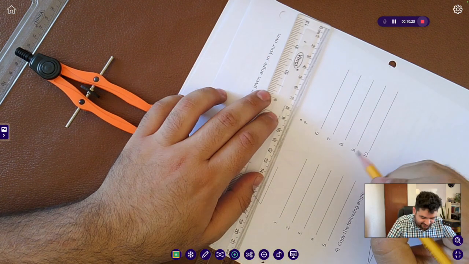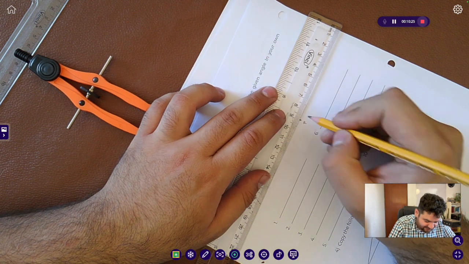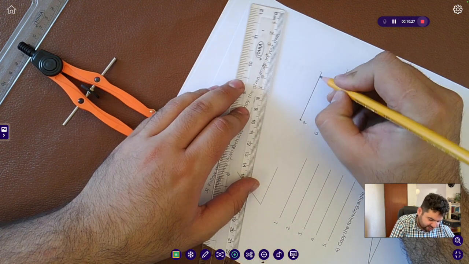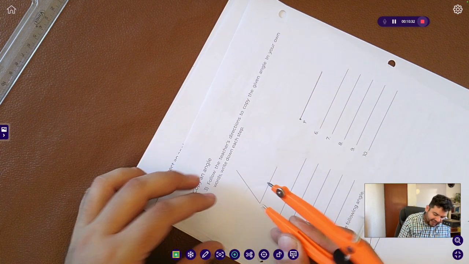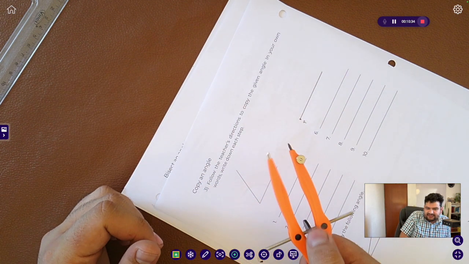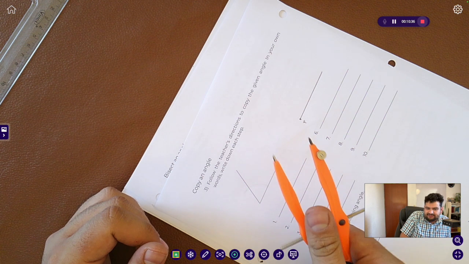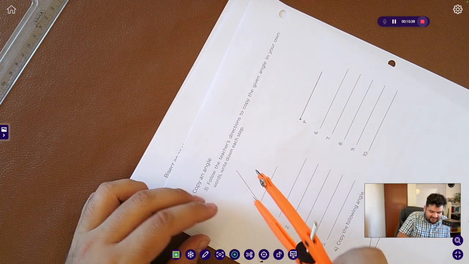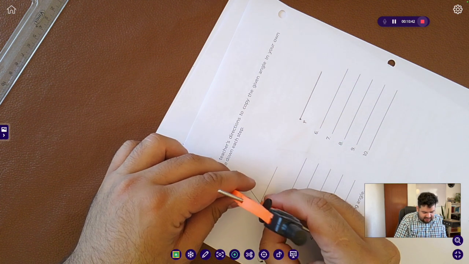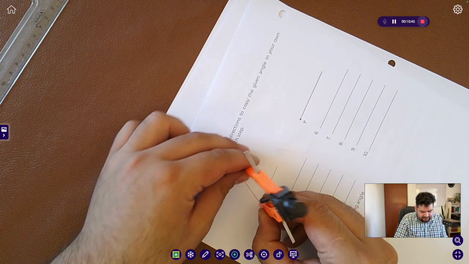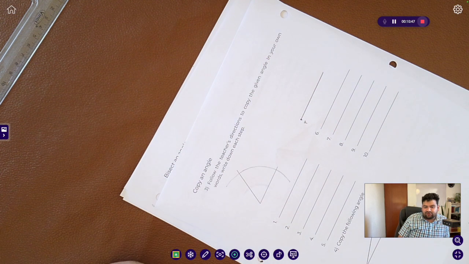First step, put a point, because you're copying. Put a point. Draw a ray. At any openness, you can decide any openness, but just keep it. I'm gonna do it to this openness. Draw an arc in your original angle.